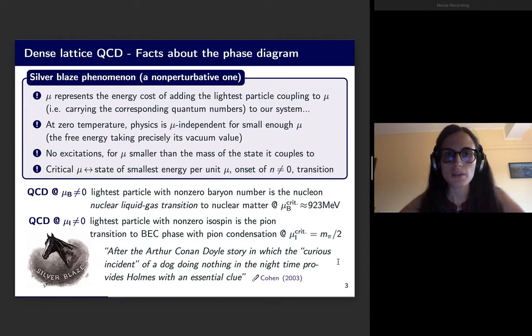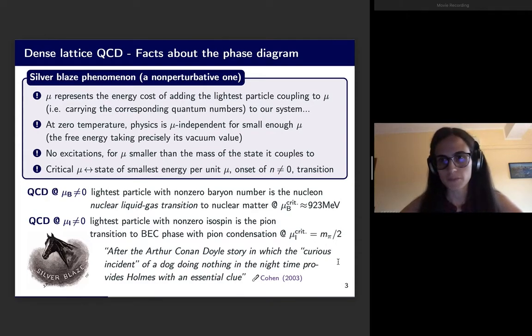And at zero temperature, the physics happens to be fully mu independent, so independent of the chemical potential, for as long as this chemical potential is small enough, in the sense that the free energy keeps taking precisely its vacuum value until mu is large enough.